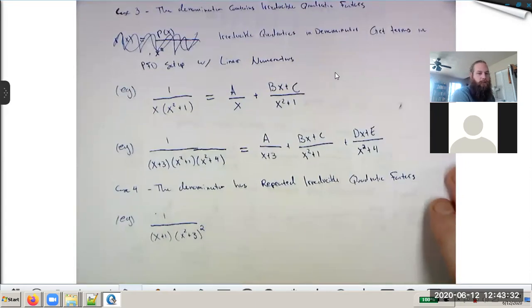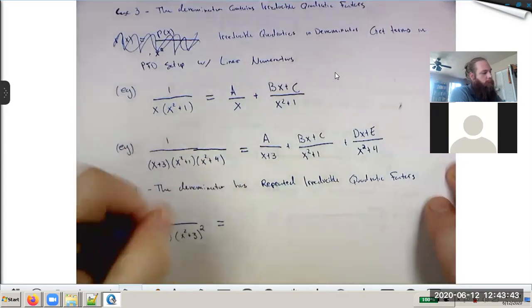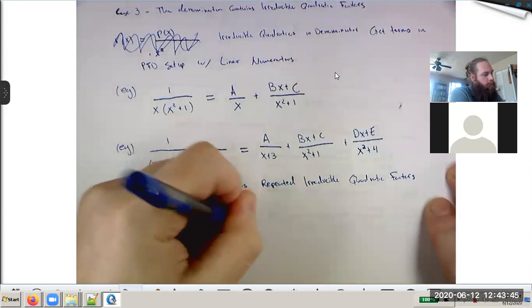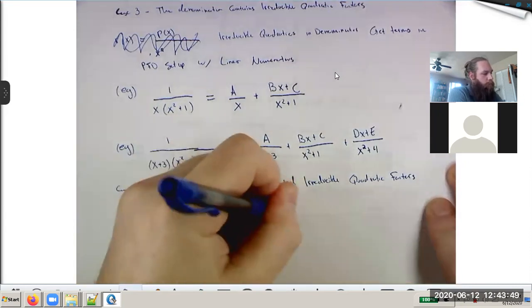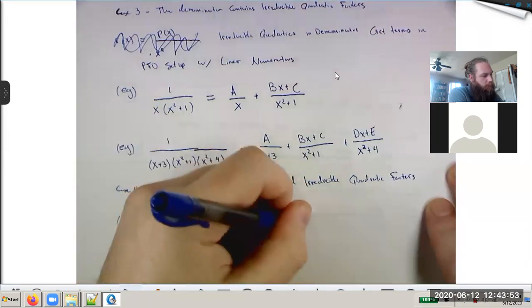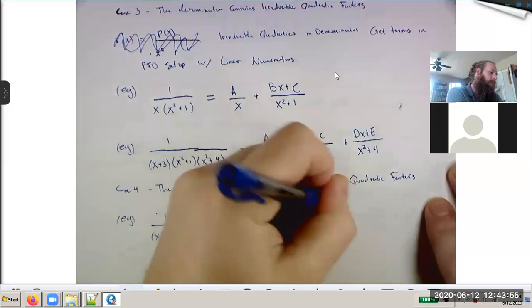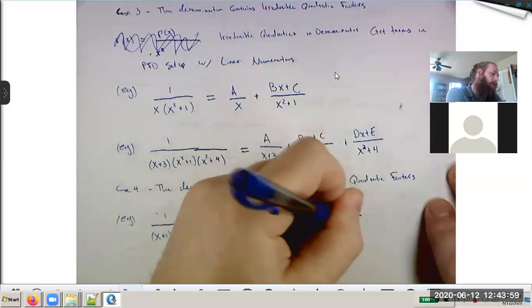like this guy is a non-repeated linear factor. This guy is a twice repeated irreducible quadratic factor. So here the x plus 1, I would just have the a over x plus 1 term. This guy, I would have bx plus c over x squared plus 3, and then dx plus e over x squared plus 3 squared.